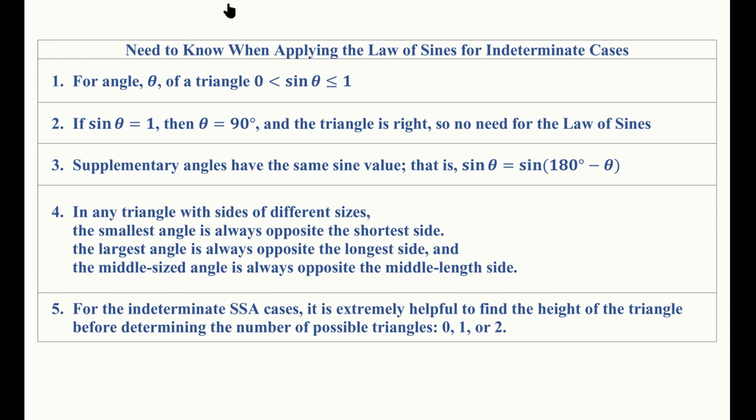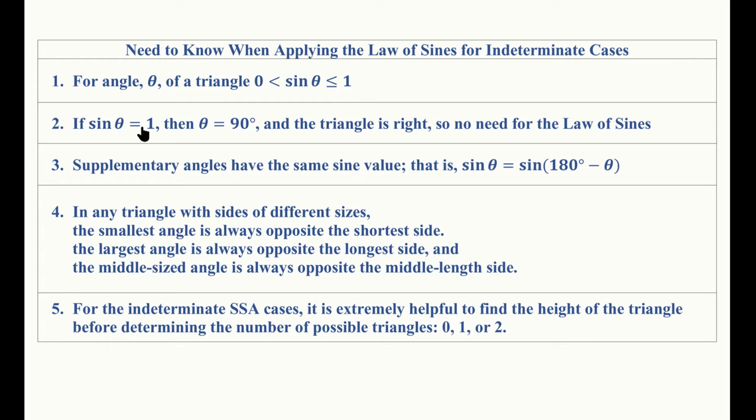A few of the things that you need to really understand before we proceed and successfully handle these is that for any triangle, an angle inside that triangle is going to have sine values between 0 and 1, but of course not 0, because we're dealing with actual positive lengths, and possibly 1.